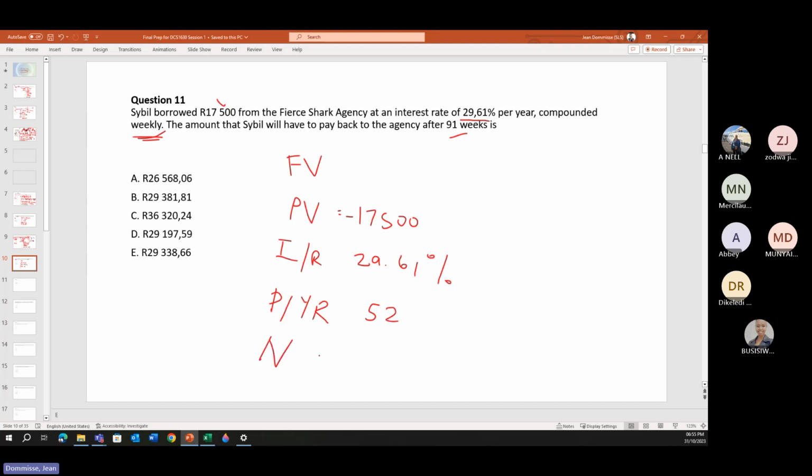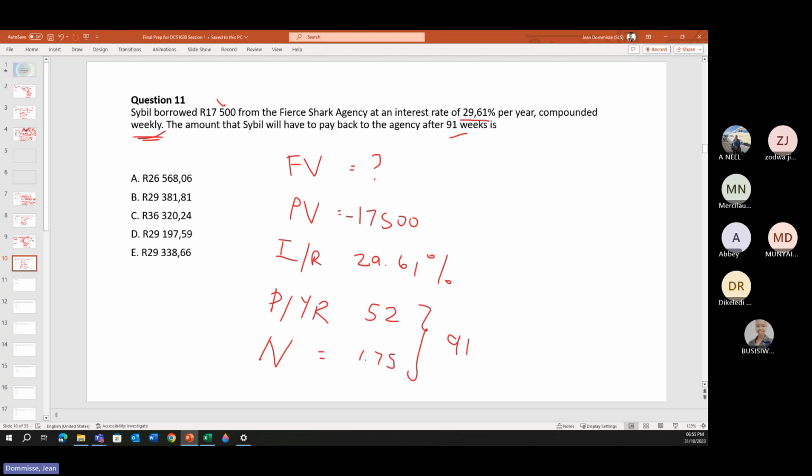Then I would just say 91 divided by 52, so that we get 1.75 years. If we multiply those two together, we get 91 weeks. And then we can work out our future value.